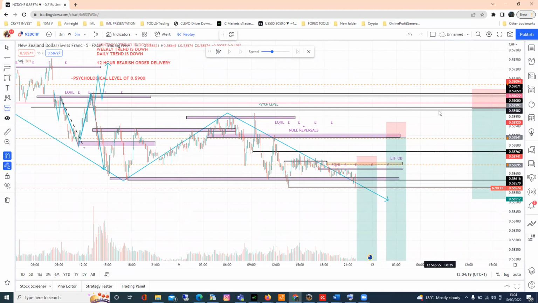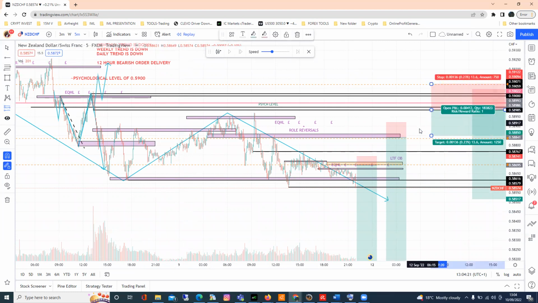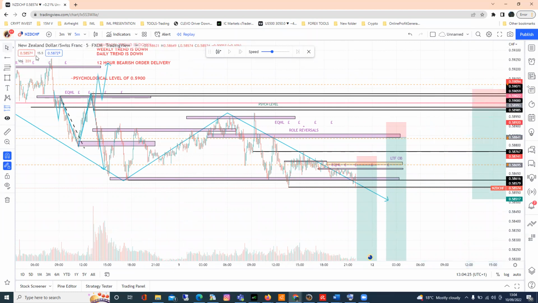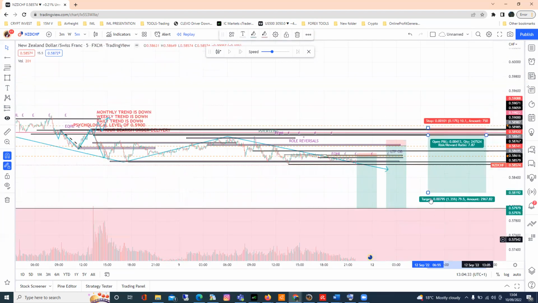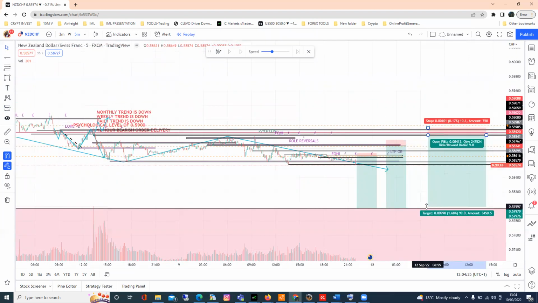And then we have a short opportunity somewhere around there, which is the last one that I did over there, which is this one right here. And that will offer us a much better risk to reward of 90 pips.